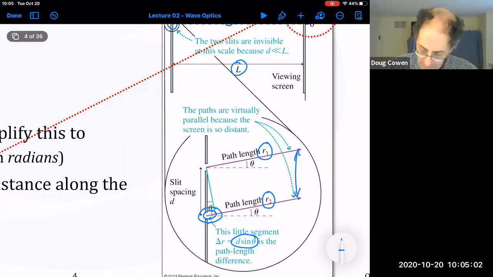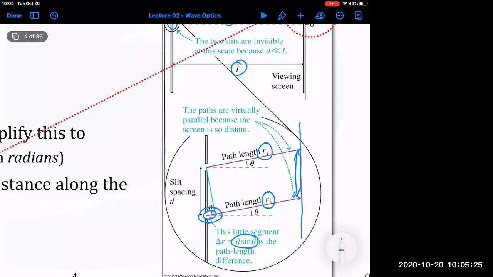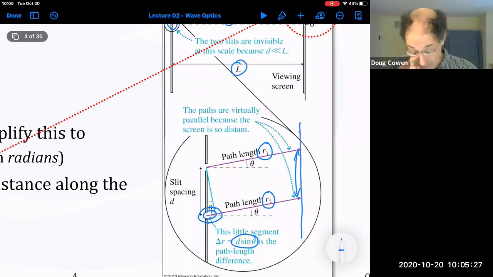So I guess what you're saying is, if I draw the wall right here, then you would say that those two paths have the same length. Yes, which is true.